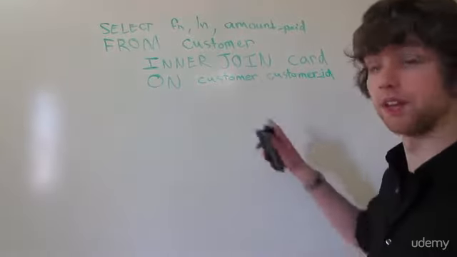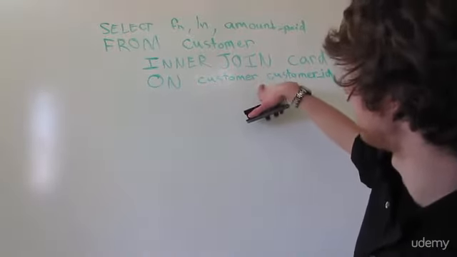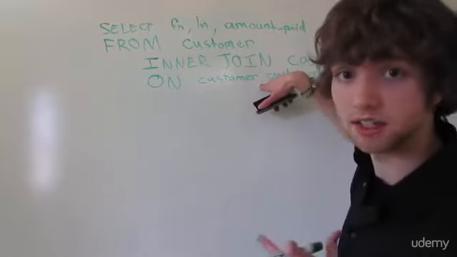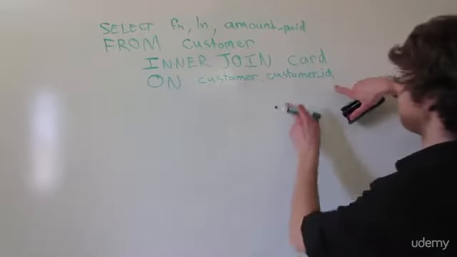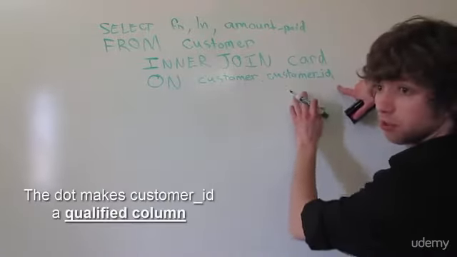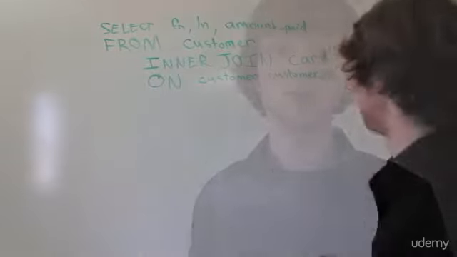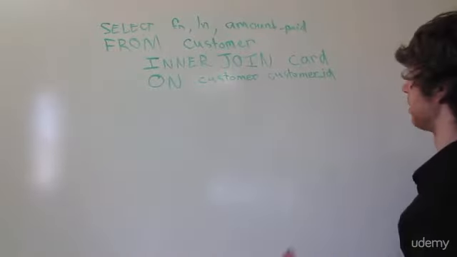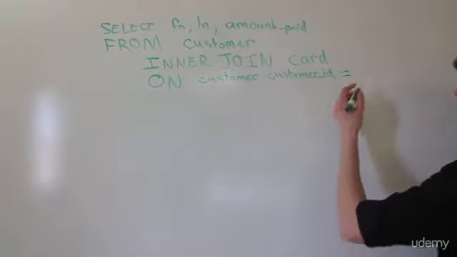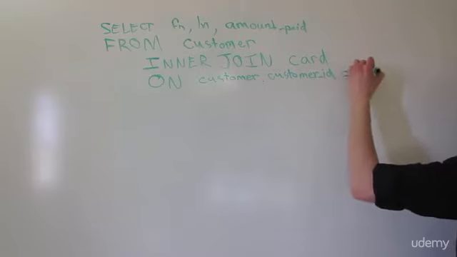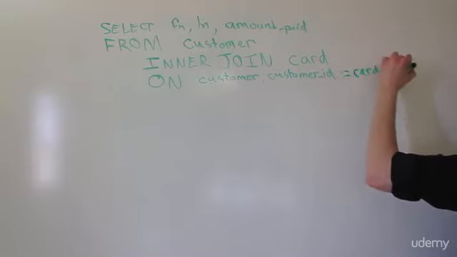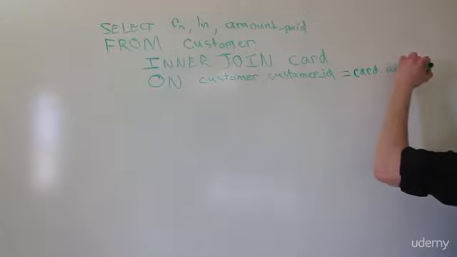And what that dot is basically saying is the first part of this is the table, the second part is the column. The reason we have to do that is because both tables have a customer ID. And then you're just going to connect that to the other table by saying equals card dot customer ID.